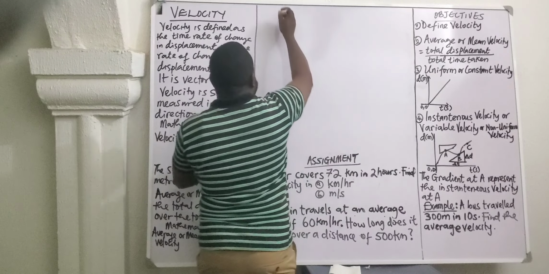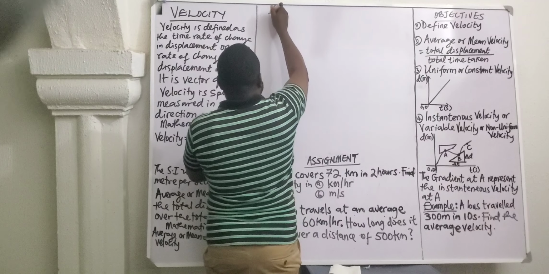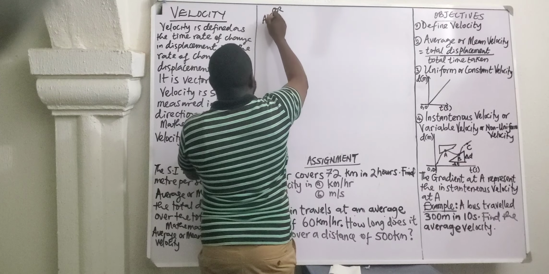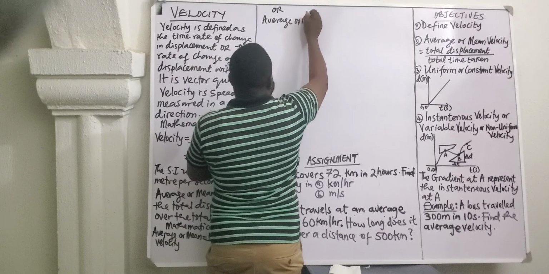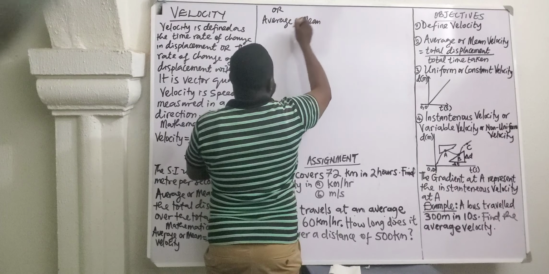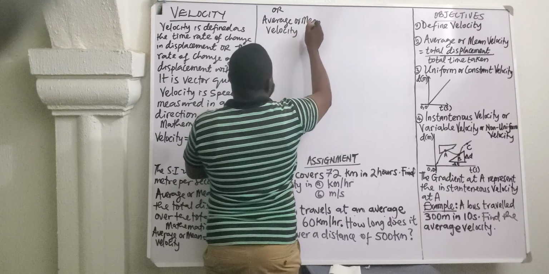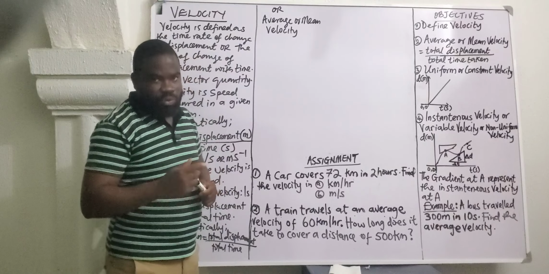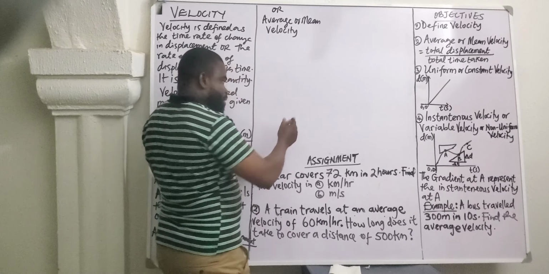Now, there is another formula we can use to determine the average velocity. You know, in mathematics, when you have two numbers and you want to take the average or the mean of them, how do you achieve it?